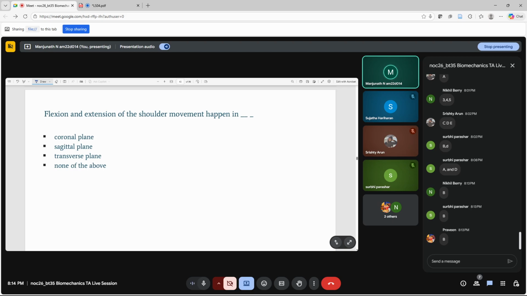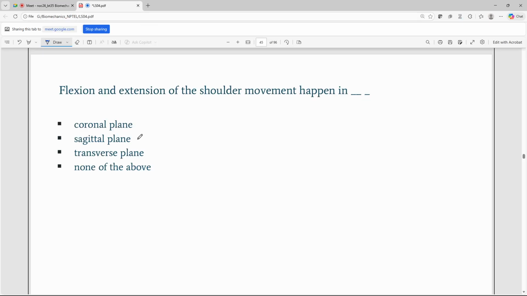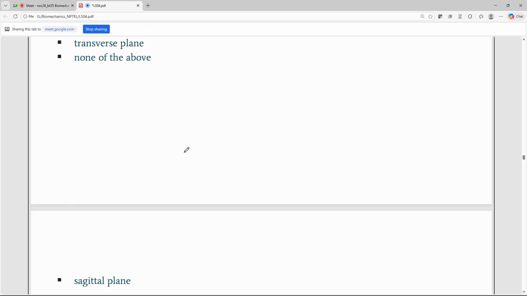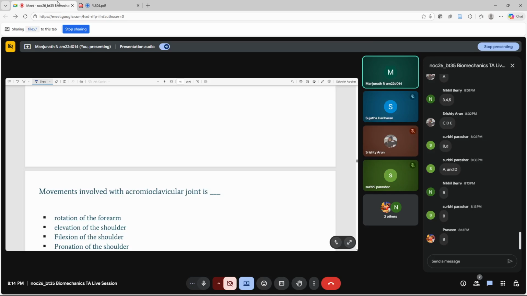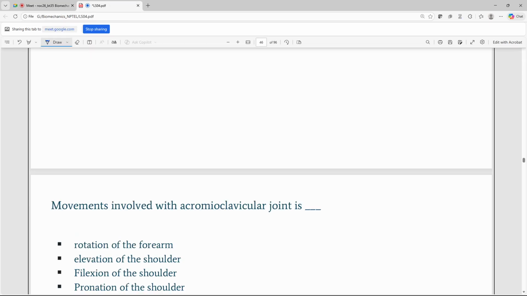The answer is option B, that is the sagittal plane. Moving on to the next question.